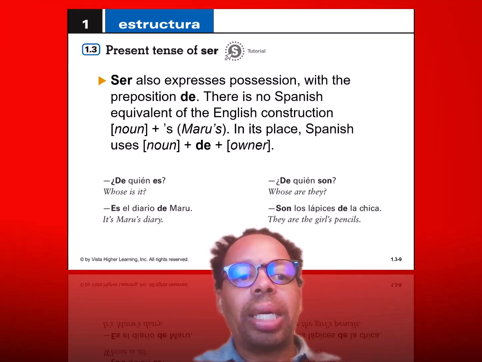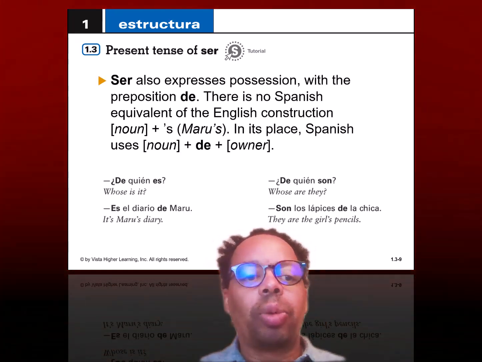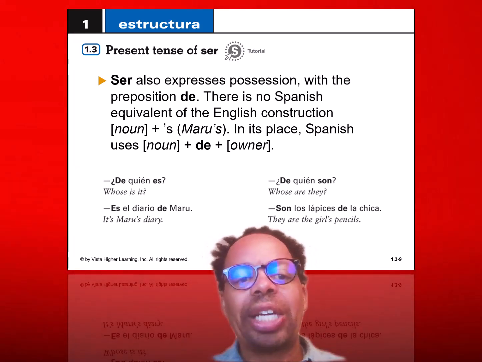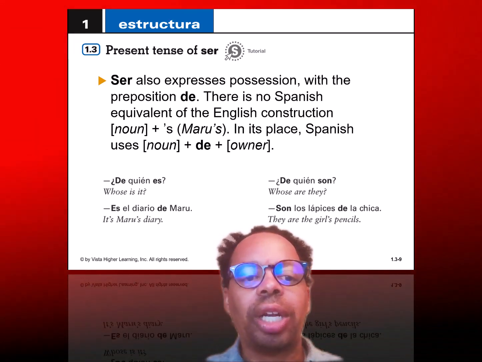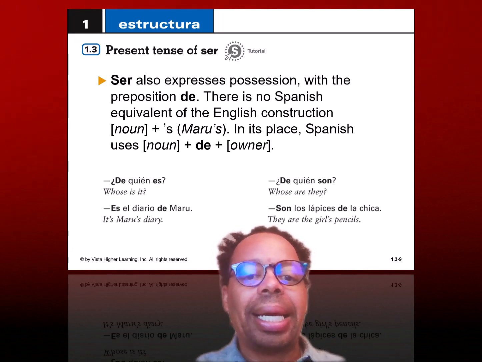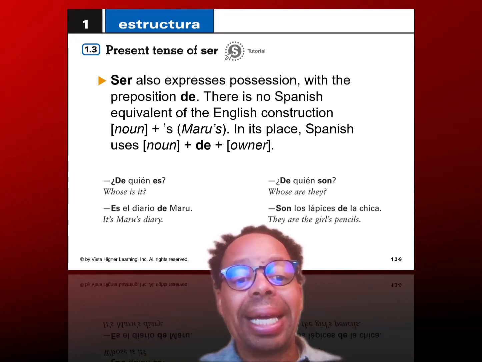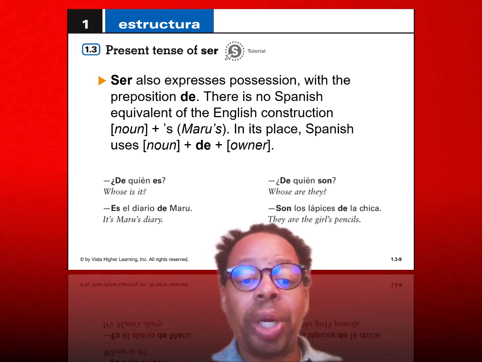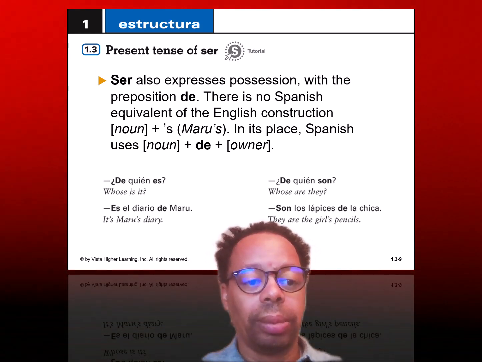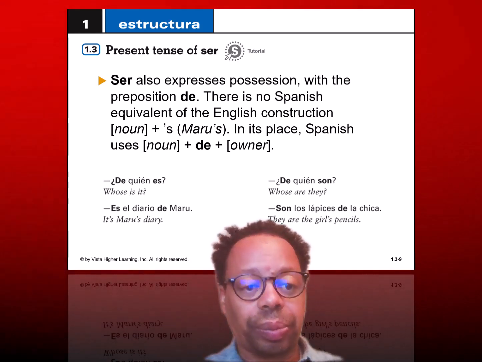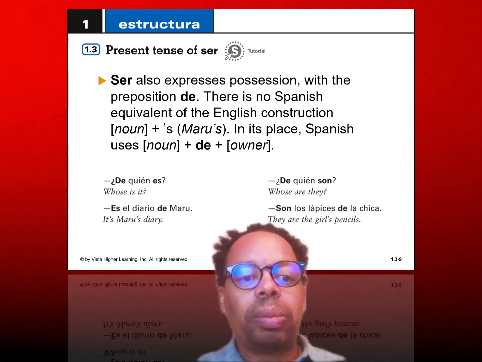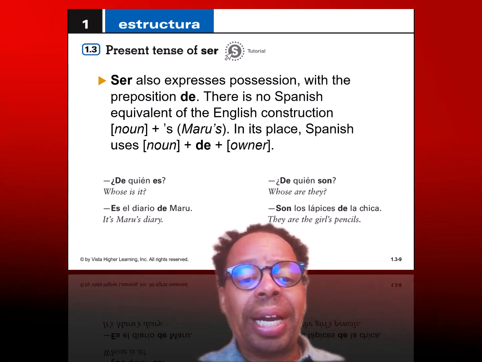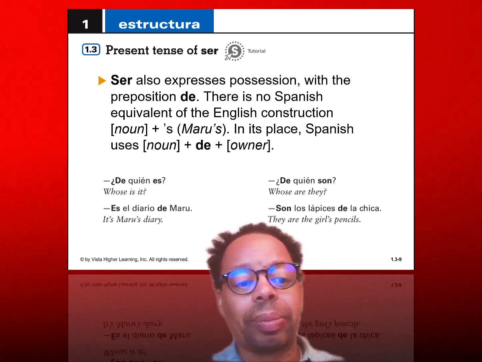Ser also expresses possession with the preposition de. There is no Spanish equivalent of the English construction of the apostrophe s. So we're going to build that statement using a noun followed by de, followed by the owner or the person who possesses it.